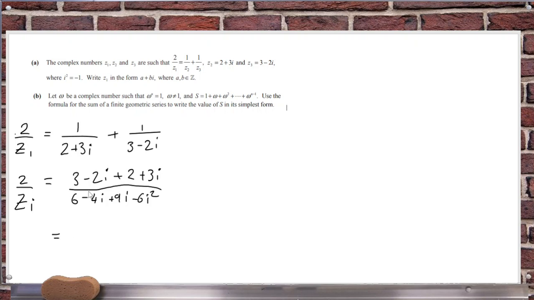So on the top we have 5 plus i, and then on the bottom we have 6 plus 6 is 12, plus 5i. Okay, so that's 2 over Z1.